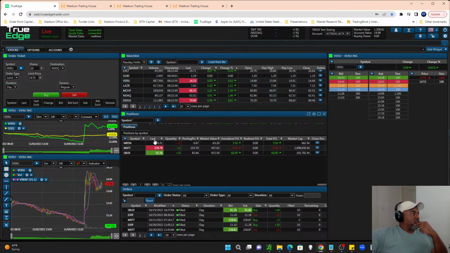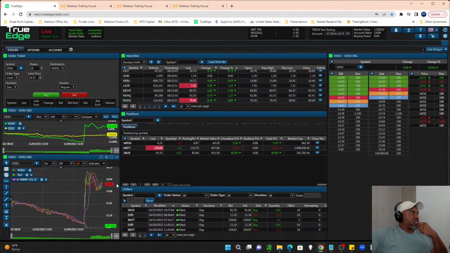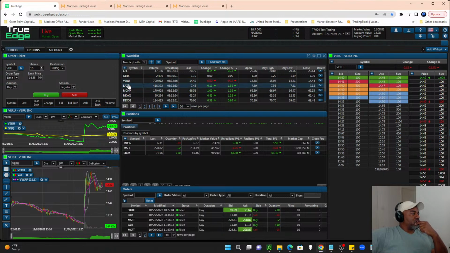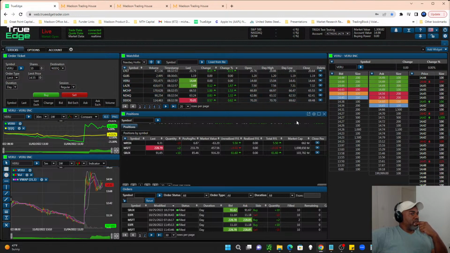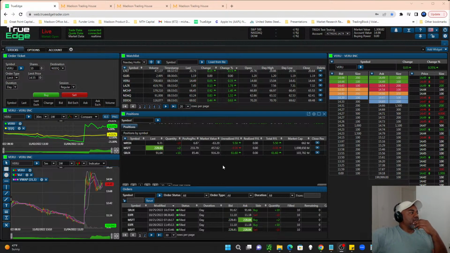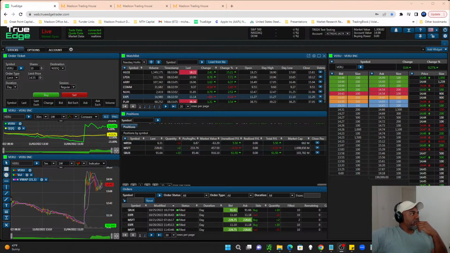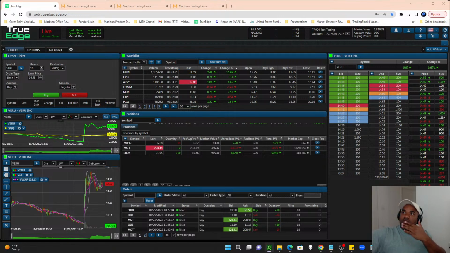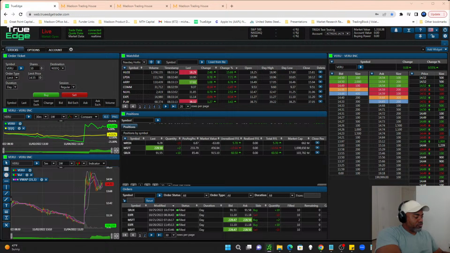Okay, VERU looks like it's attempting to continue yesterday's activity. So far it has not, but I would say now it's back on the radar. Okay, so that one's back on the radar. Let me go back to Lyft and see what we're doing.